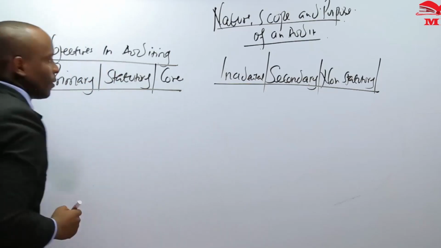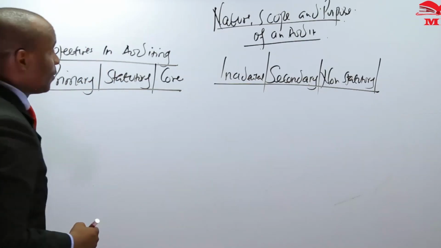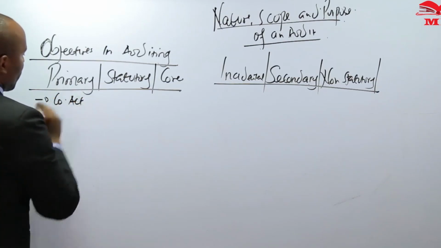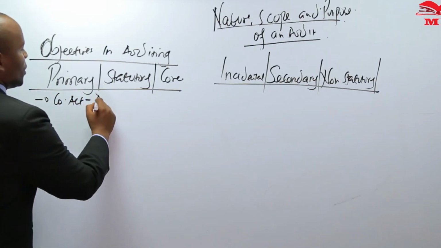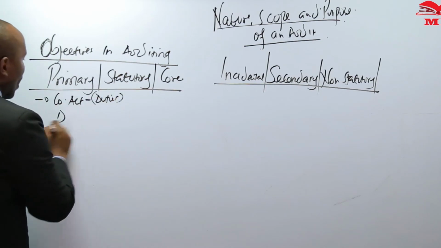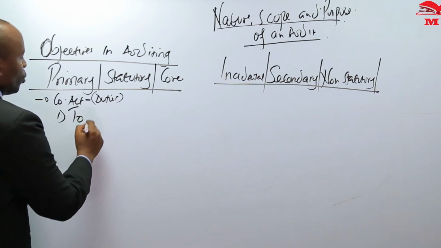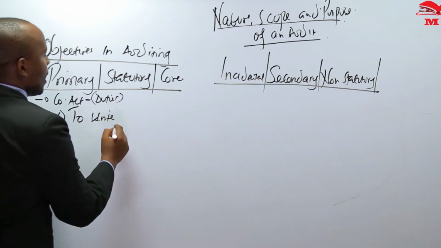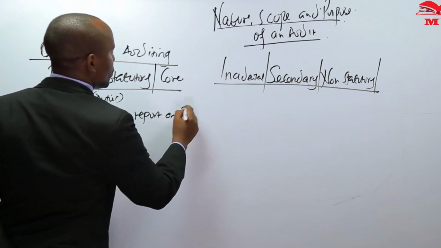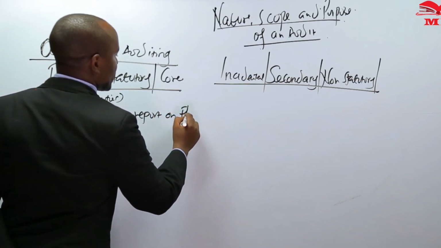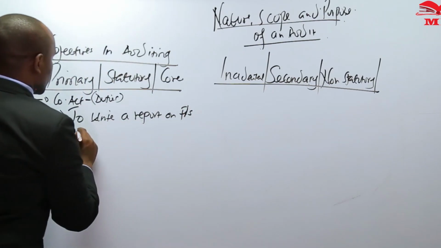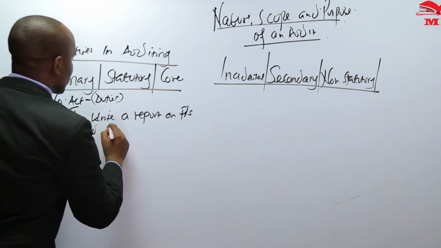The core objectives of an audit, I can also derive it from the definition. We say they are derived from the act, to be specific, the Companies Act. If you go to the duties of an auditor in the Companies Act, you will find that one of the duties is to write a report on financial statements and express an opinion on those financial statements.